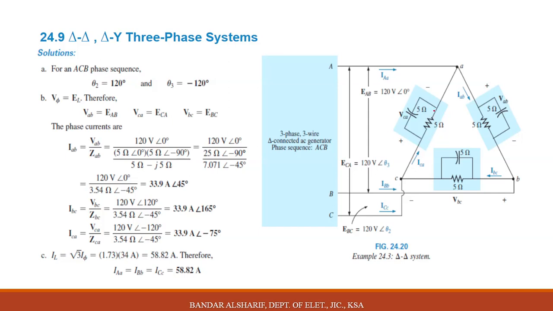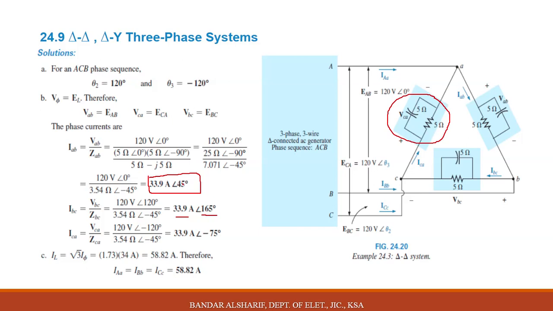How to find the total impedance for this winding? The 5 ohm resistor with the angle 0 and the 5 ohm with the angle minus 90, divided by the summation, you will get the final answer, 33.9 angle 45. This is for IAB. If you need to find IBC, the magnitude will be the same, but the angle is different.